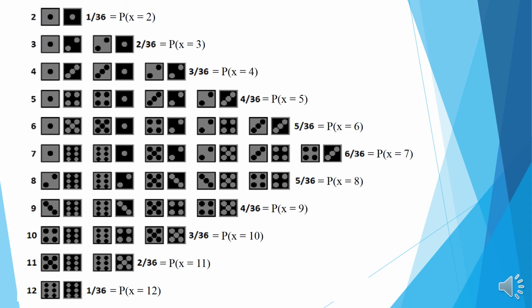Here I have 2, either 1 2 or 2 1, so 2 over 36. Then 3 over 36, probability of x equal 5, and so on to get x equal 12. These are all the probability distribution of all values.